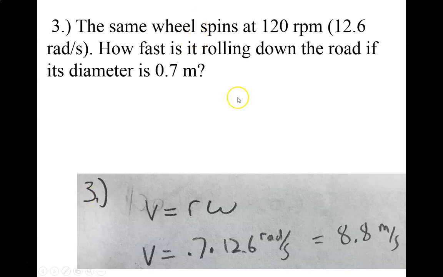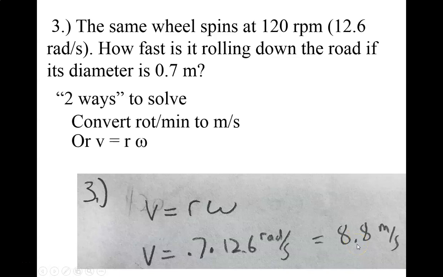If we know the angular velocity is 12.6, and we multiply that by the radius, we'll find the tangential velocity or the linear velocity. So all we're doing is taking the rotational velocity, multiplying by the radius, and we get the tangential velocity, or how fast the wheel is actually rolling down the hill, which is 8.8 meters per second.